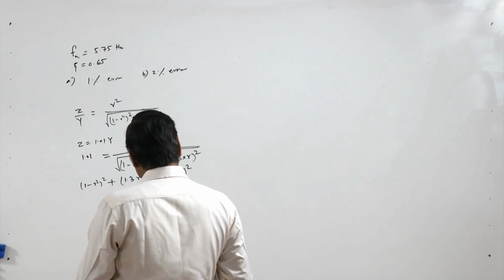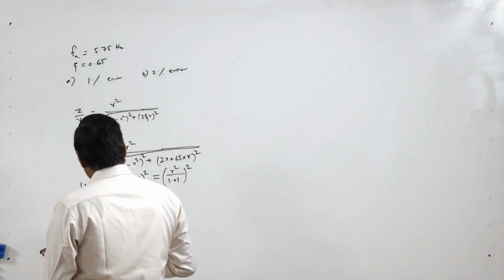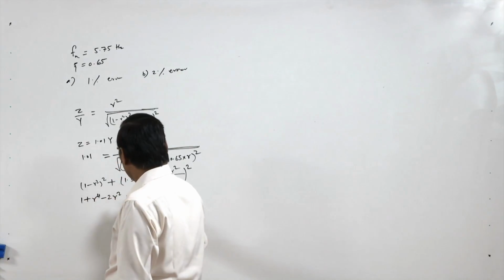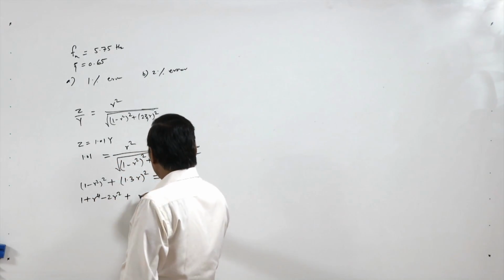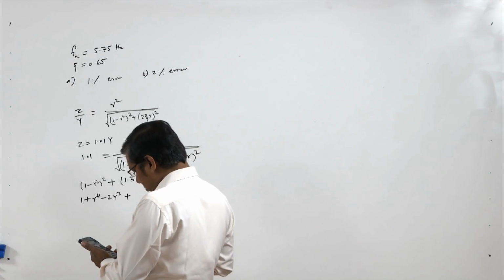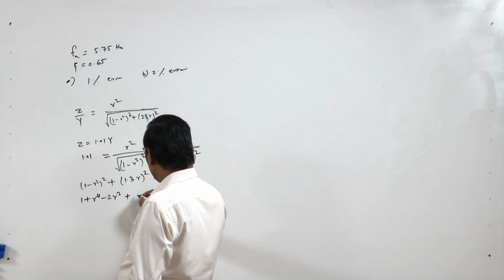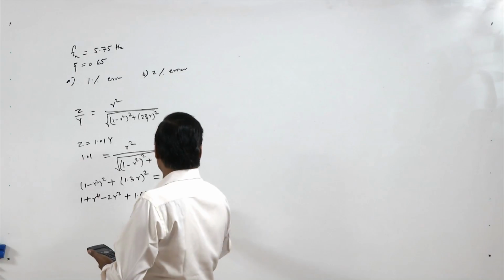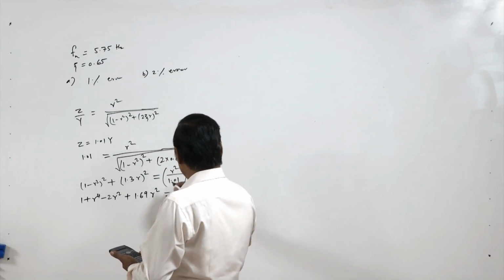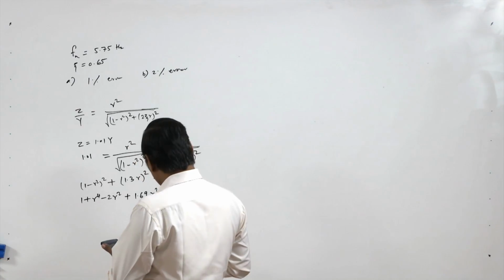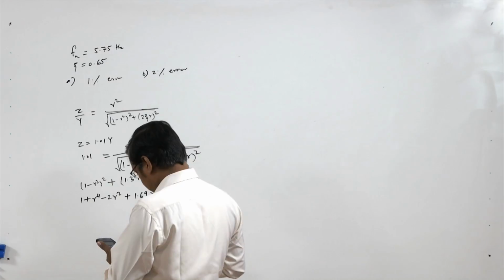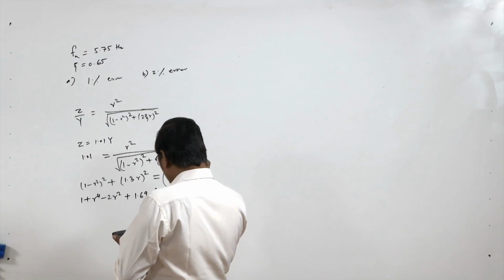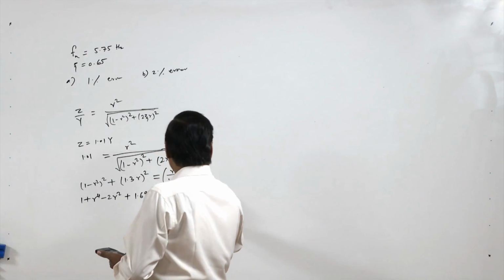Opening it out, this is 1 plus r power 4 minus 2 r square plus 1.69 r square, and this is equal to r power 4 over 1.01 square, so it is 0.98 r power 4.